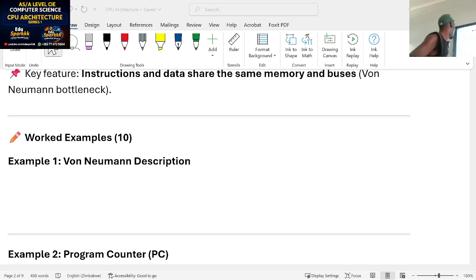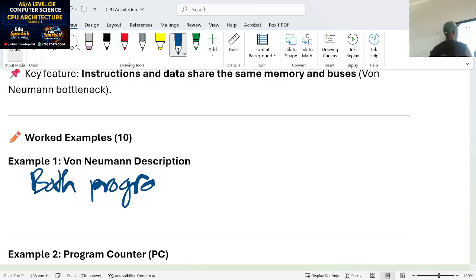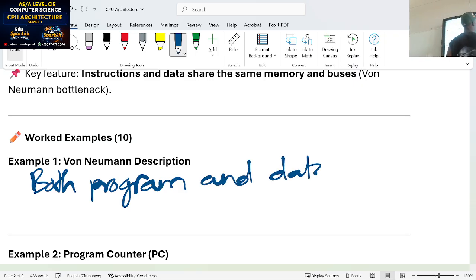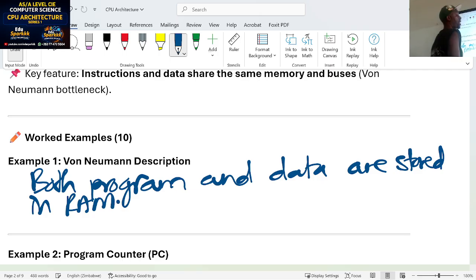The first problem we are interested in is the von Neumann description. So when we're describing the von Neumann, we are going to be interested in a scenario where program and data are both stored in RAM. So this potentially leads to the bottleneck.